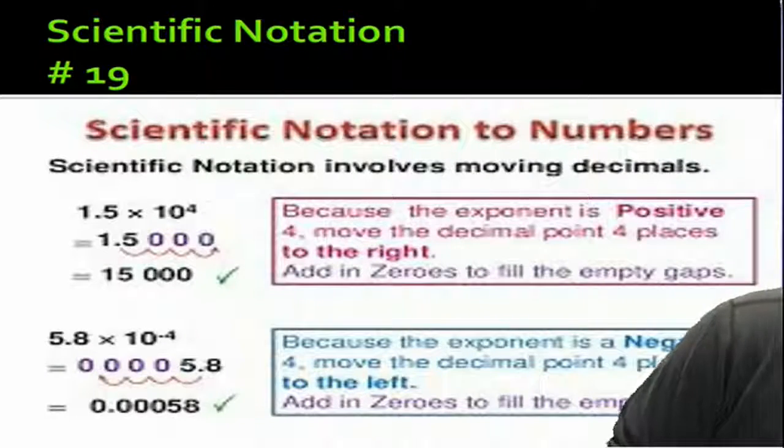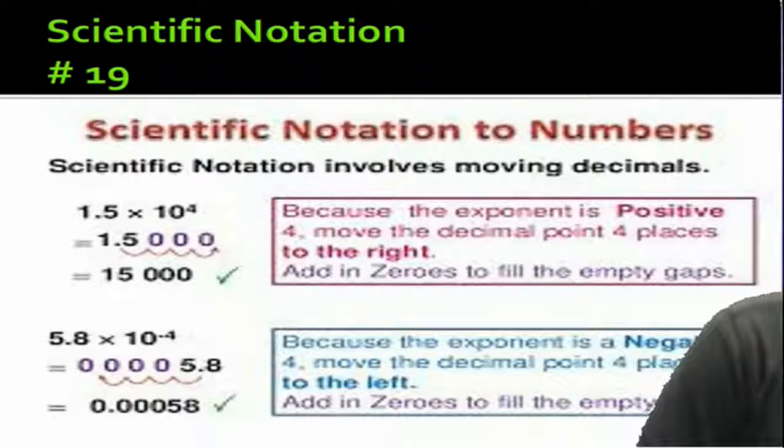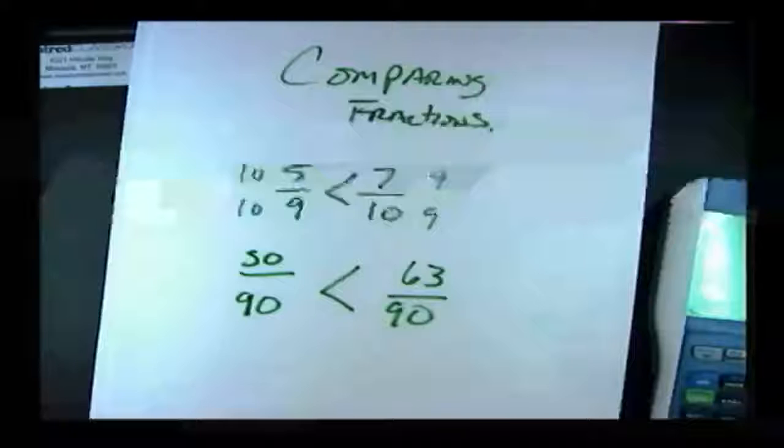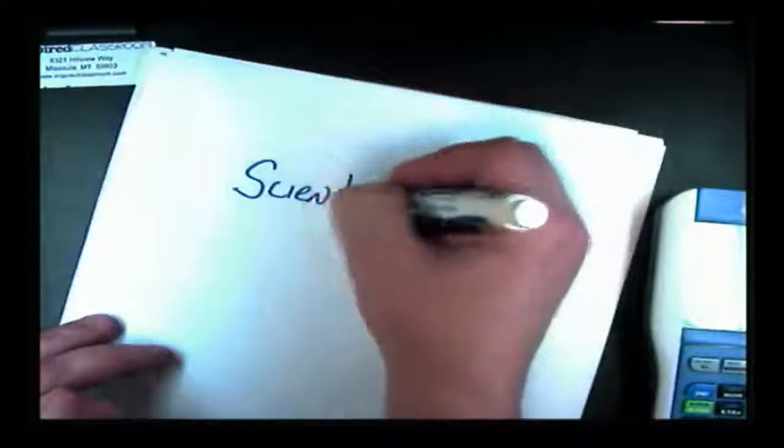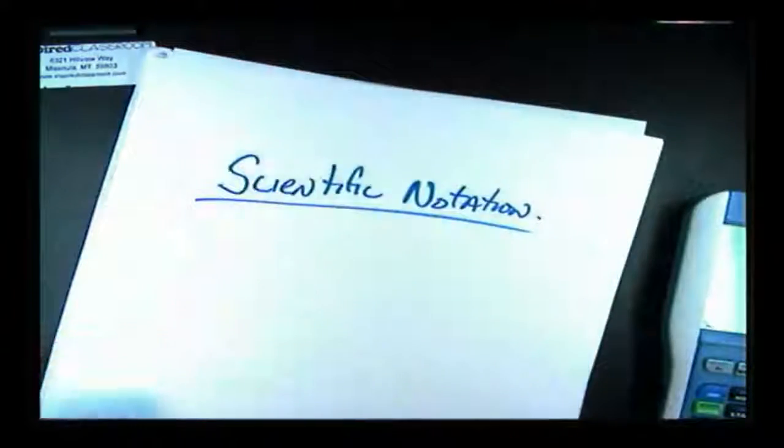Problem number 19 from your practice test asked us to put this in scientific notation. Scientific notation.